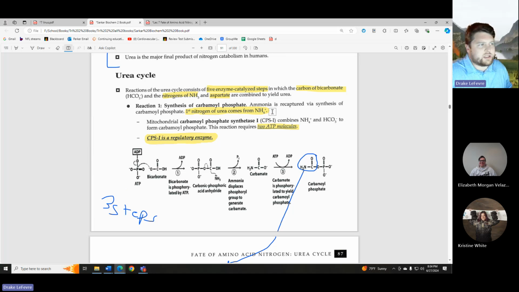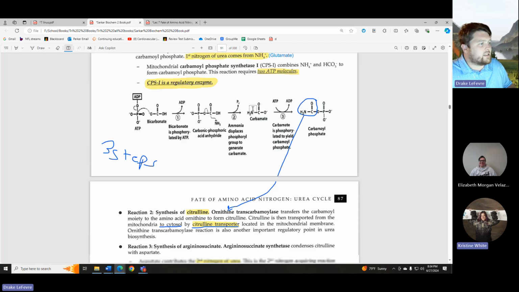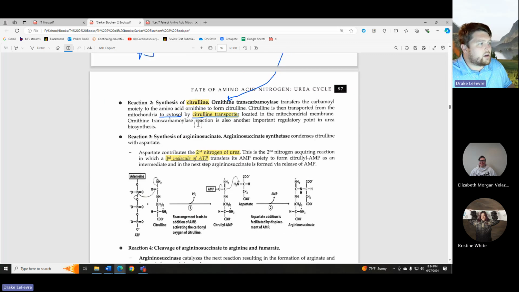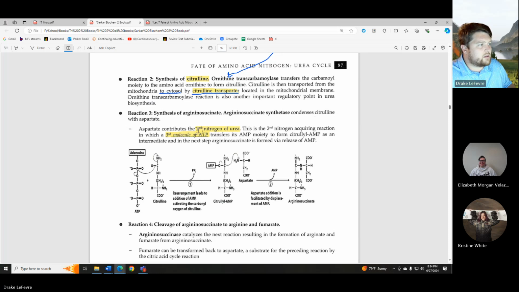He can substitute, instead of saying ammonia, he can say from glutamate, technically is where the first one comes from, or from other amino acids. So the first one comes from ammonia, and the second one comes from aspartate.